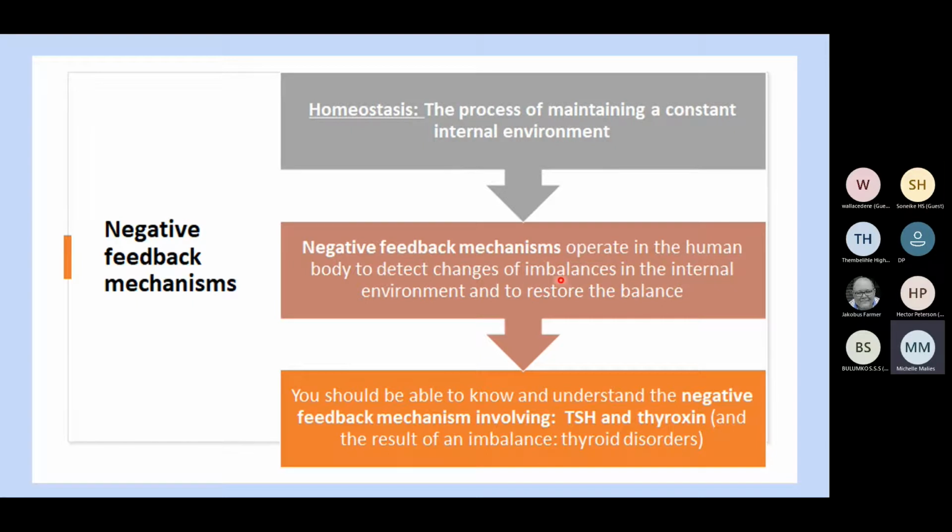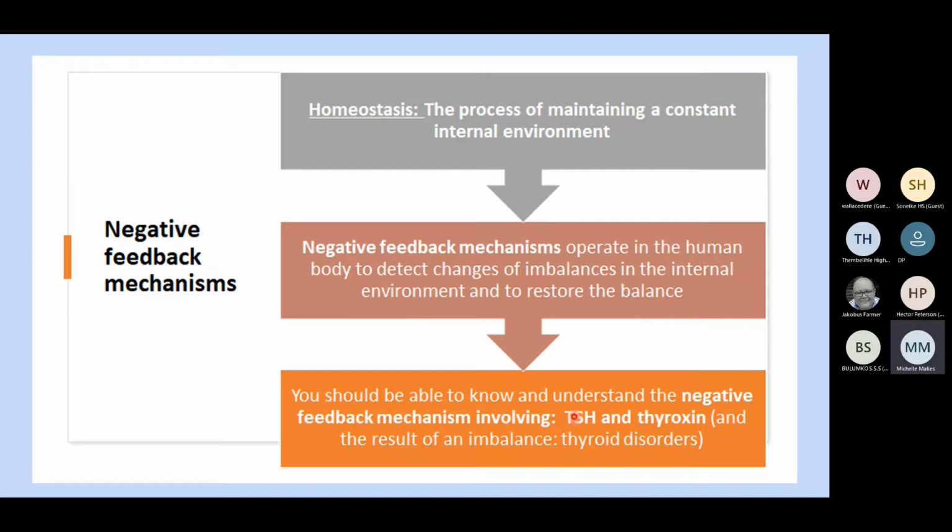It detects an imbalance. If something is imbalanced, our body needs to maintain homeostasis. So when there's an imbalance, negative feedback mechanisms come into play to control your internal environment and to restore balance.